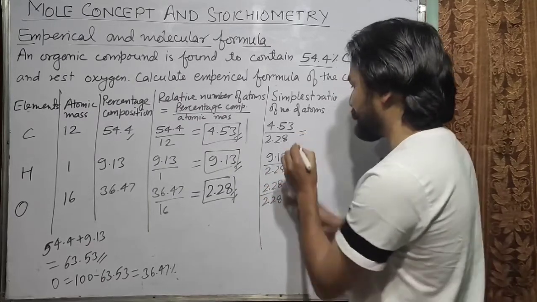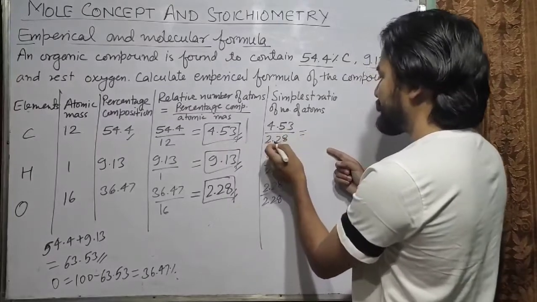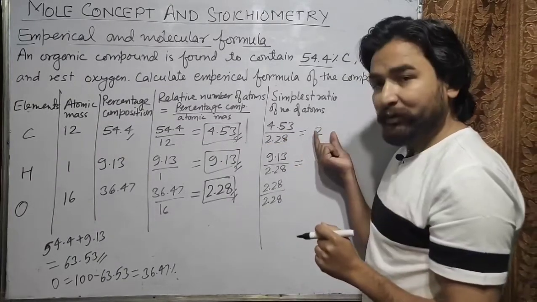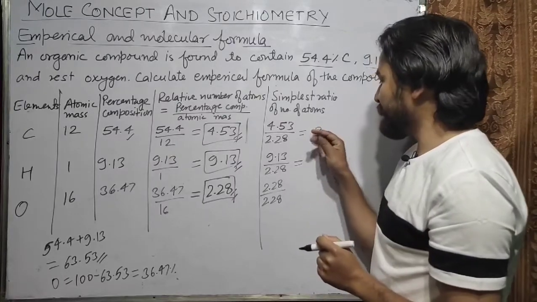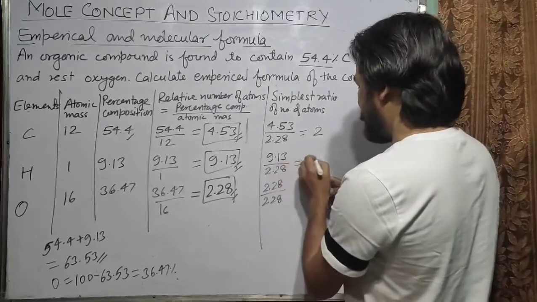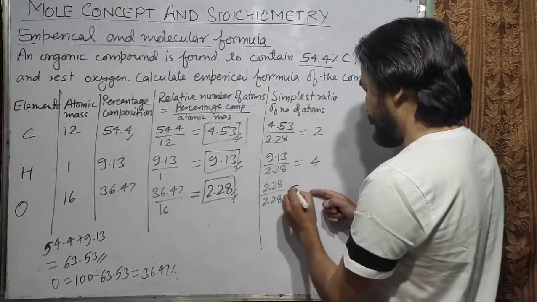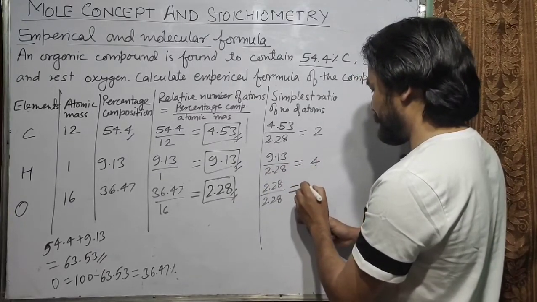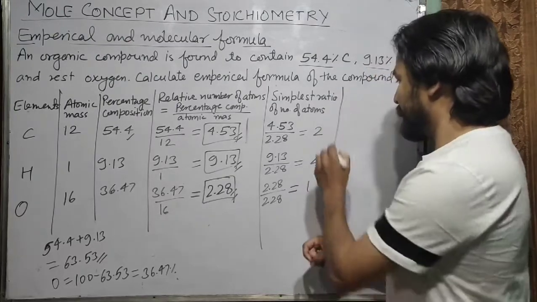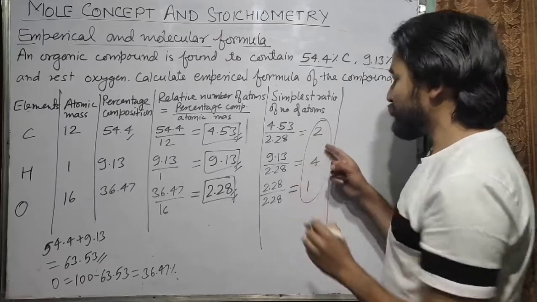So approximately it is equal to 2. It is slightly less than 2, about 1.9 something, so we can write it as approximately 2. This is approximately equal to 4, and this is, not approximately but exactly, equal to 1. Now we already have a simplest whole number ratio here.